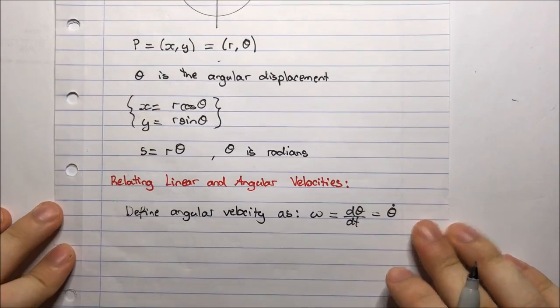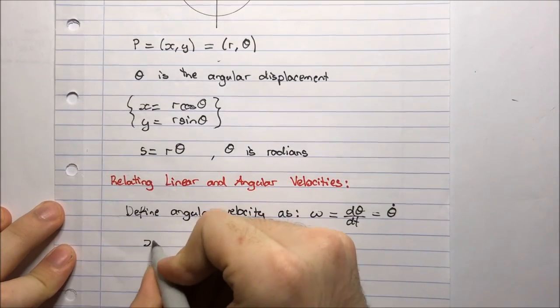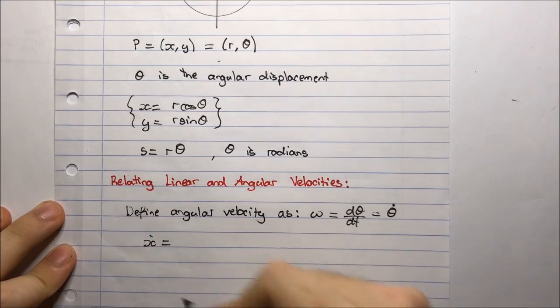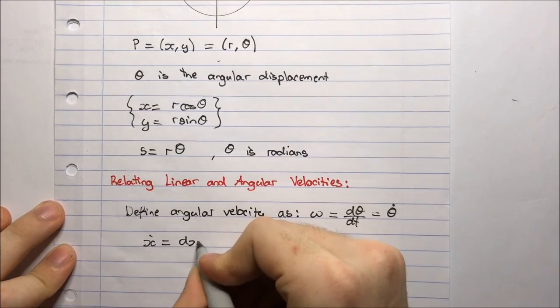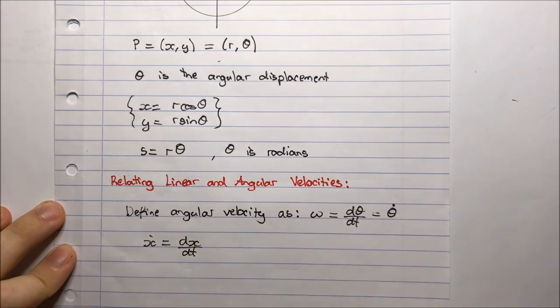So I have x dot. Now what is x dot? It's the derivative of x with respect to time.